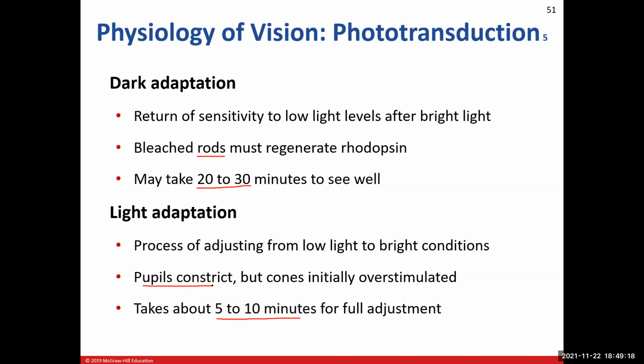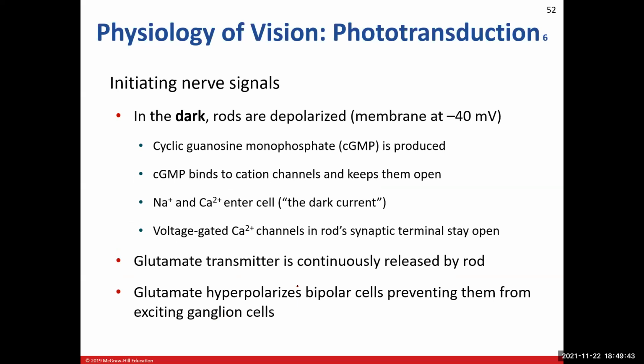Our rods are more on the periphery, so this kind of saves the rods. But unfortunately, the cones are located right there in the fovea centralis. There's going to be some rods in there too, but the majority of our cones are found in the fovea centralis, and that will blast the cones first, sparing the rods because, again, like I said, they're more on the periphery of the retina there.